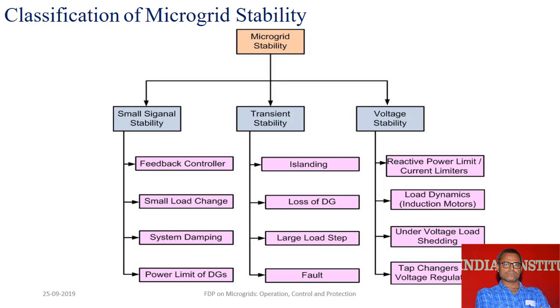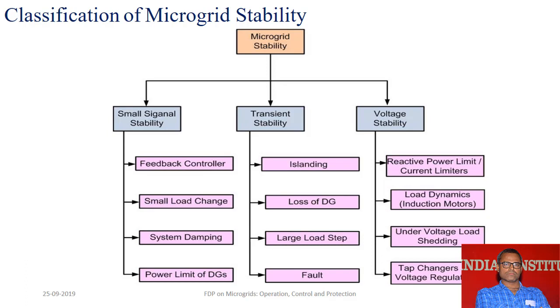And small signal stability is also angular stability, but it is because of a small disturbance. This is because of a large disturbance. Also, one more stability we study is frequency stability, which comes under transient stability itself. Because of these aspects, these stability phenomena happen, right?